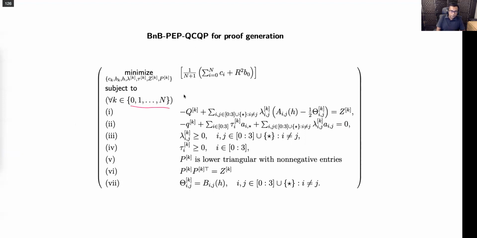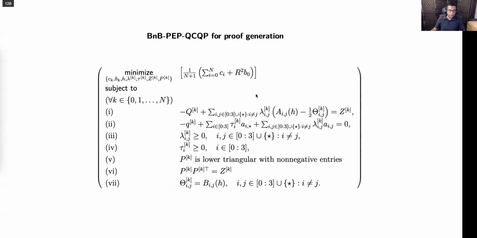So this is the BnB-PEP QCQP, and you will see that these constraints are all denoted by this superscript k. In other words, the structure of certain constraints is repeated over all the iterates, from 0 to N. This is going to be a crucial thing while we generate proofs.